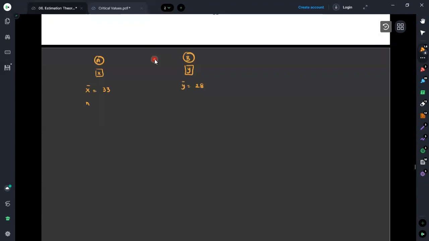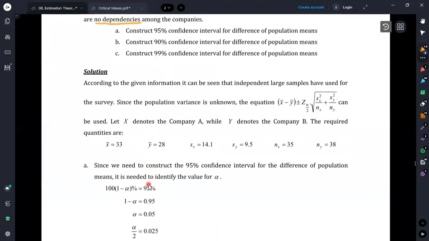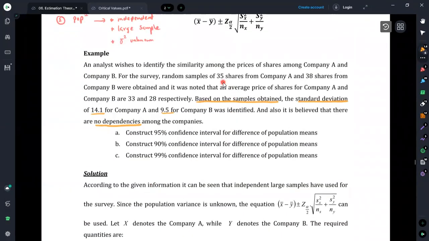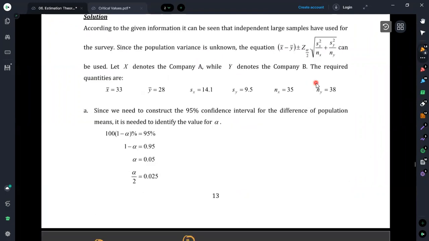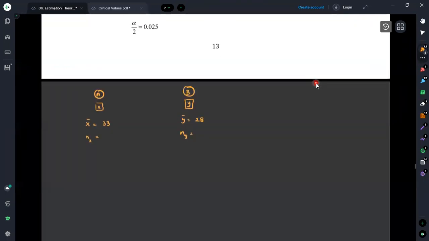The sample sizes nx and ny are 35 and 38, since those are the values provided.